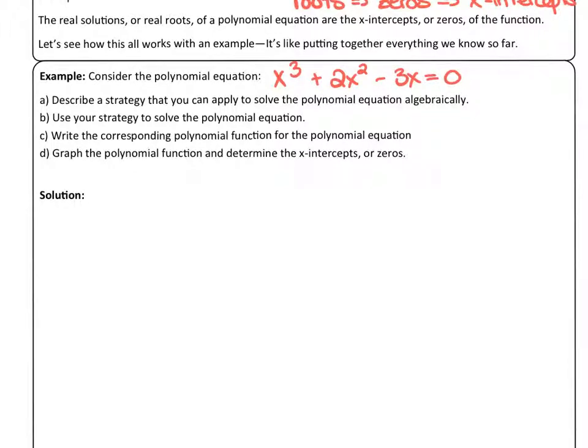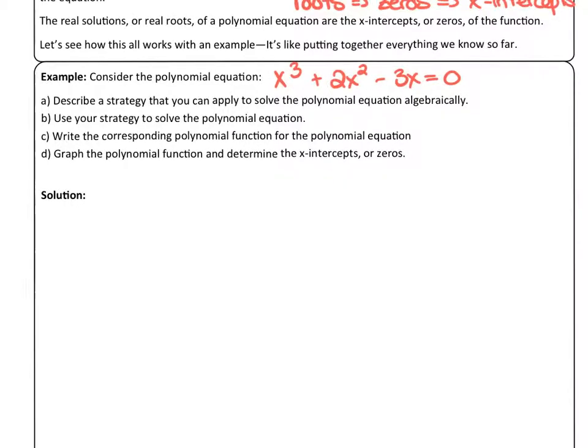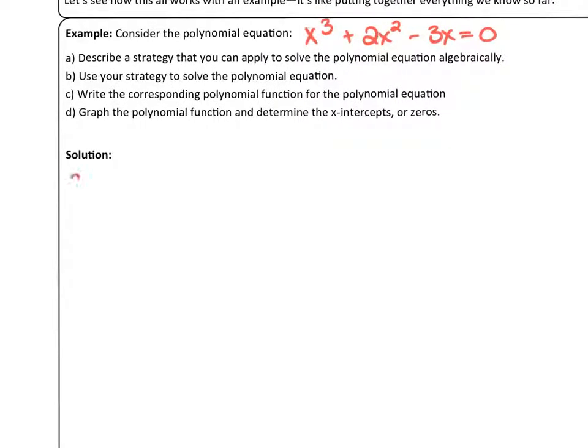I'm going to give you a couple strategies on how to do this. We're going to factor it and find the roots or the x-intercepts. We're going to write the corresponding polynomial function of the polynomial equation, and then we're going to graph the polynomial function and determine the x-intercepts or zeros. So let's start with A.